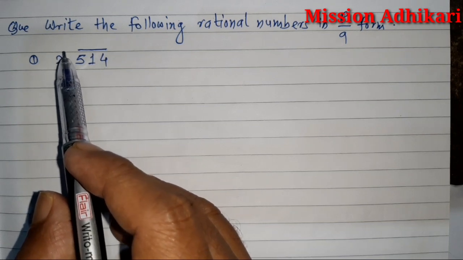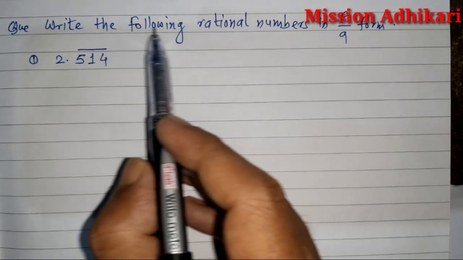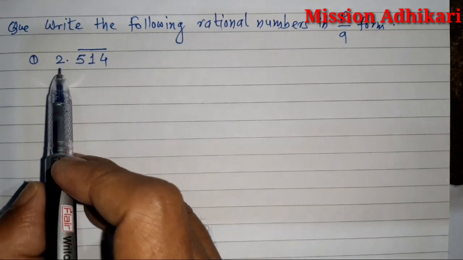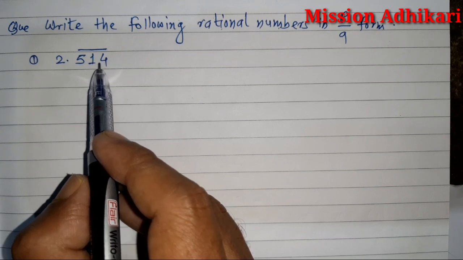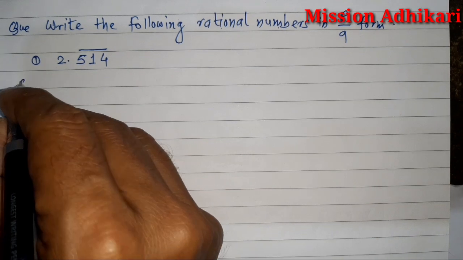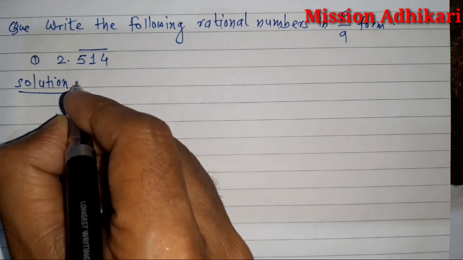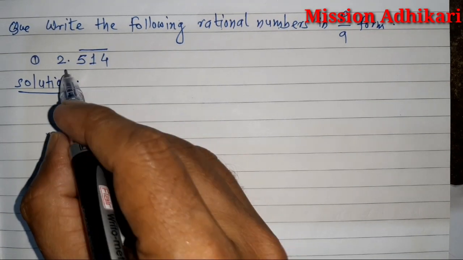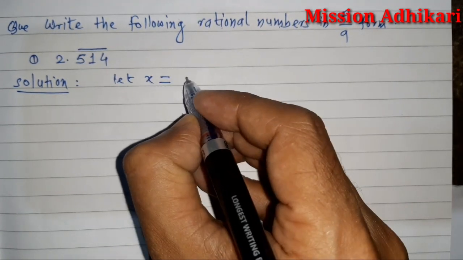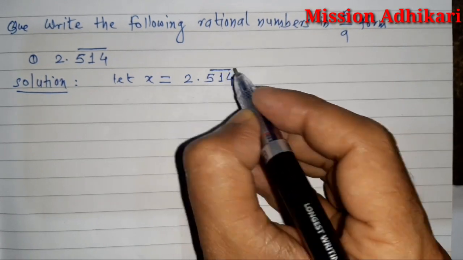Hello friends, in practice set 2.1, the next question is write the following rational number in p by q form: 2.514 recurring. Solution for that example is as follows. Initially we take let x is equal to 2.514 recurring.